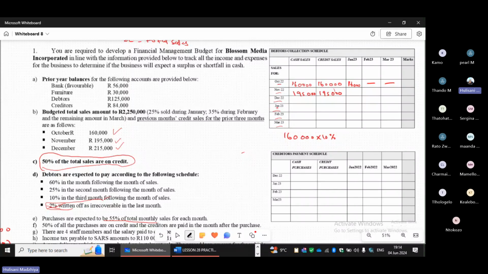So in January, we're going to collect 25% of 195,000. So it's going to be 195,000 multiplied by 25%, and this amount will come over here.